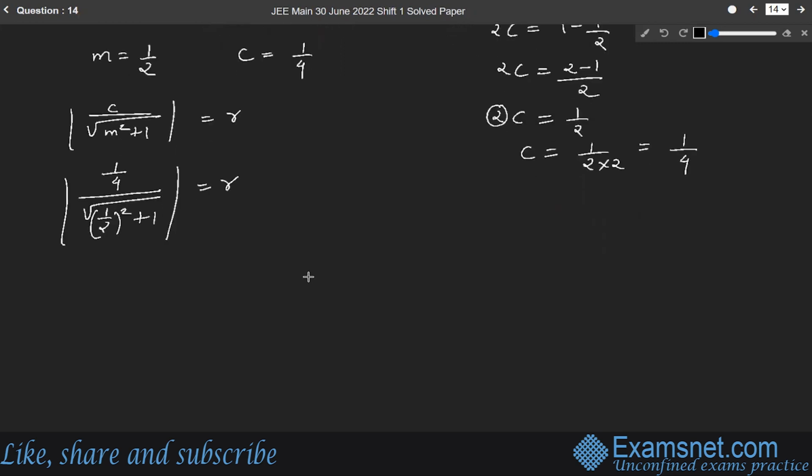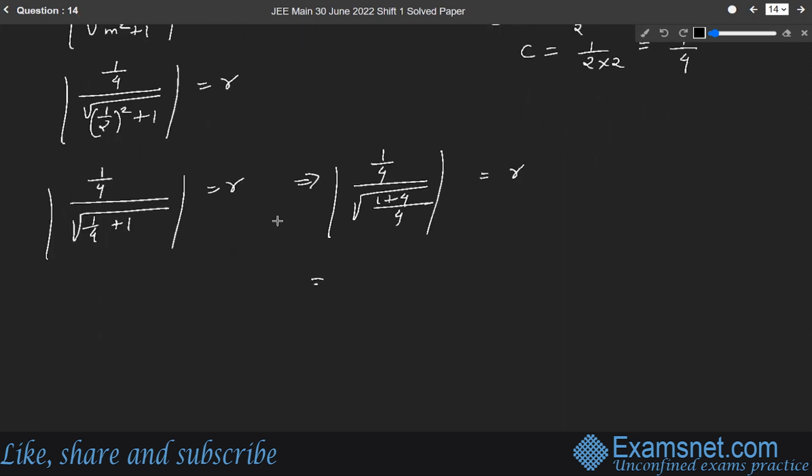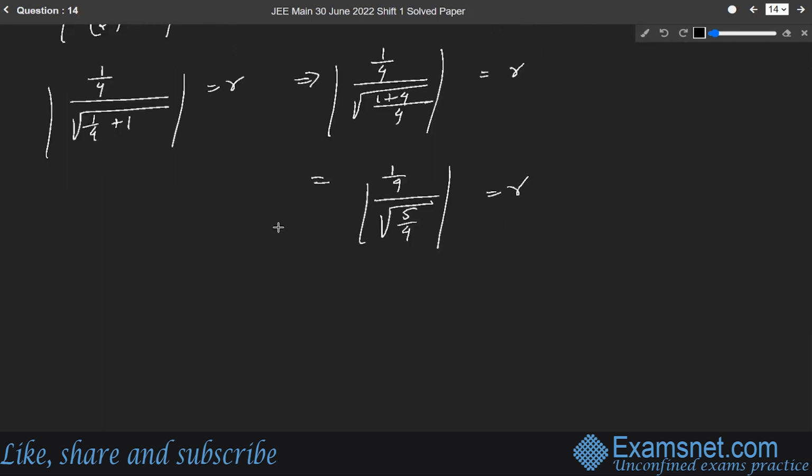Now when we further solve it, it will be 1 by 4 divided by under root of (1 by 2) square, which is 1 by 4, plus 1, is equals to R. When we take the LCM, LCM will be 4 here, so 1 plus 4. So it will be 1 by 4 divided by under root of 5 by 4, equal to R. We know that root 4 is 2.